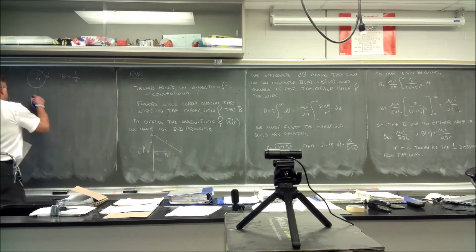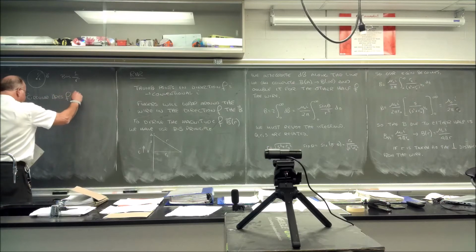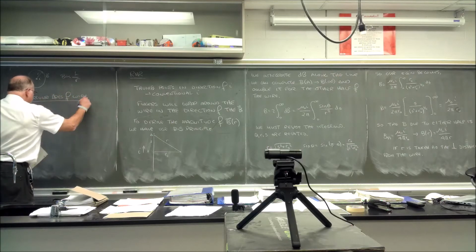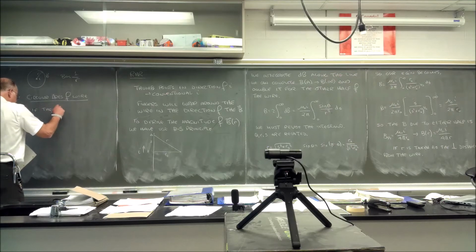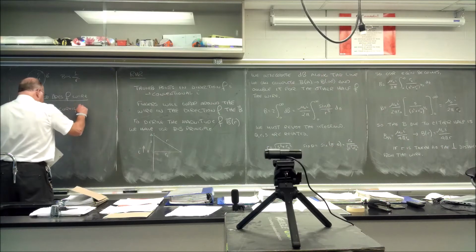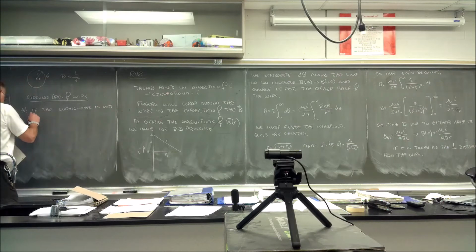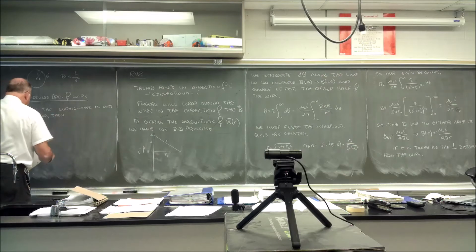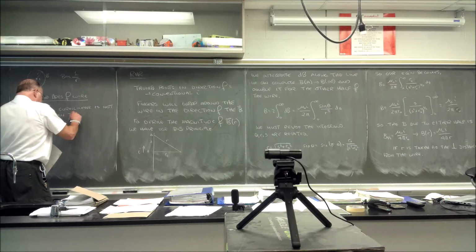We can move now, understandably, to things like circular arcs of wire. If the curvilinear path is not circular, then the math gets complicated.